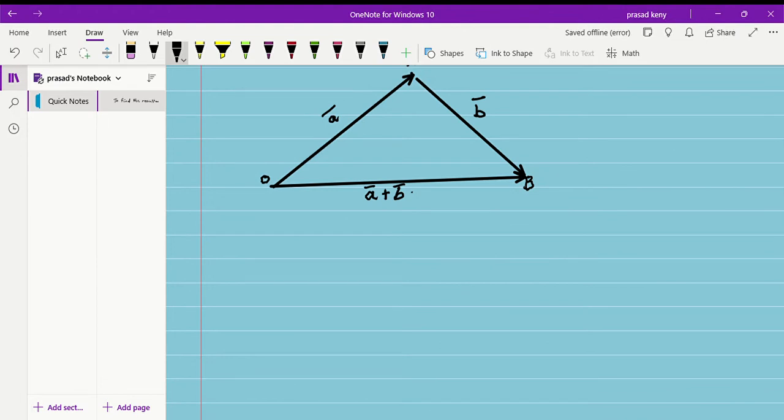So let us see one problem here. Two forces are acting on an object as shown in the diagram.